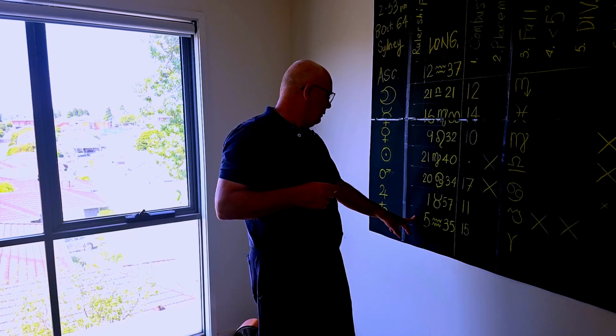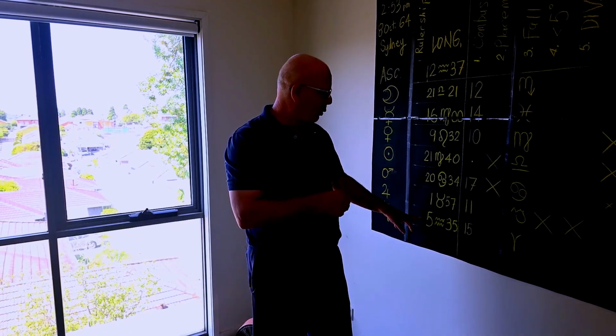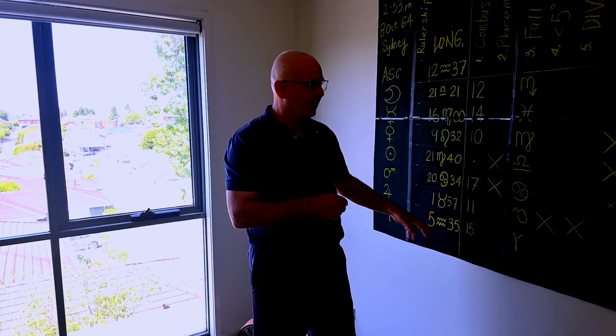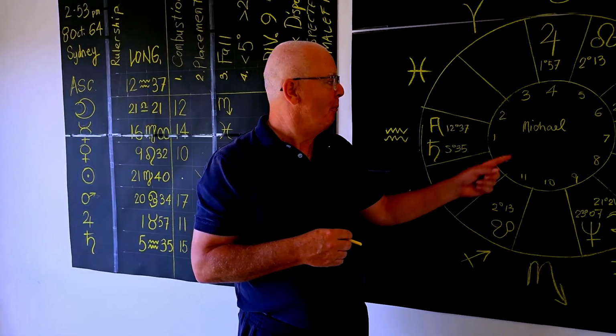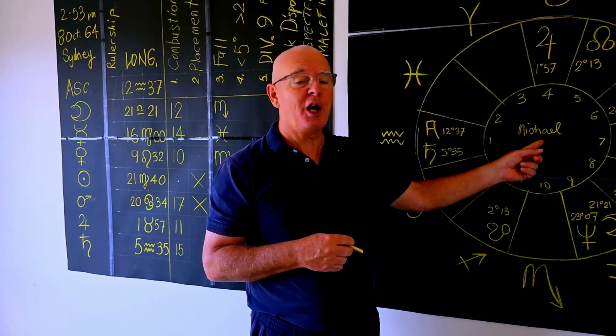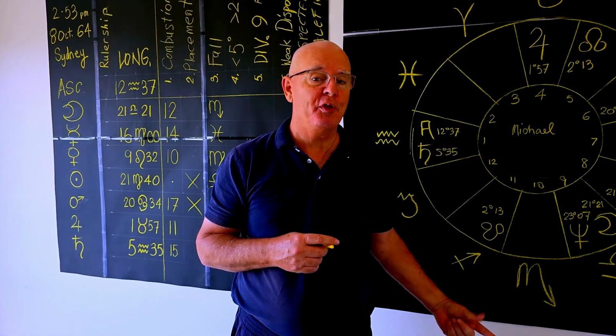And Saturn is strong, but it's not as strong as it could be because it's quite near the start of its sign. So Saturn rules the 1st house, and the person with this chart, me, has a strong 1st house. It took me a long while to appreciate what this means.